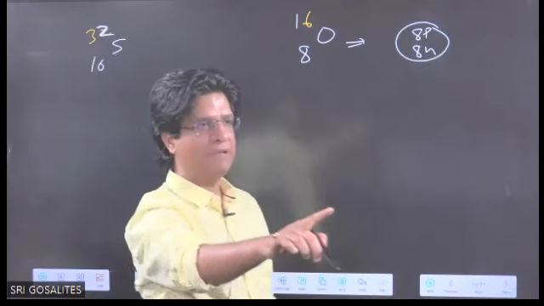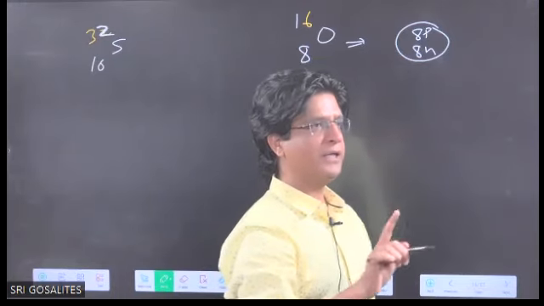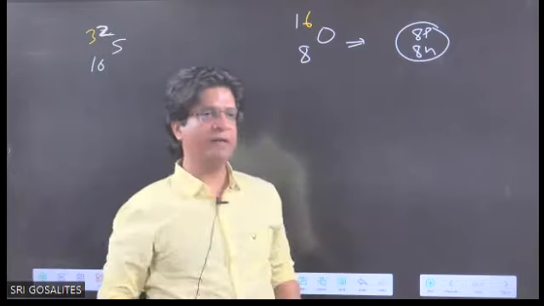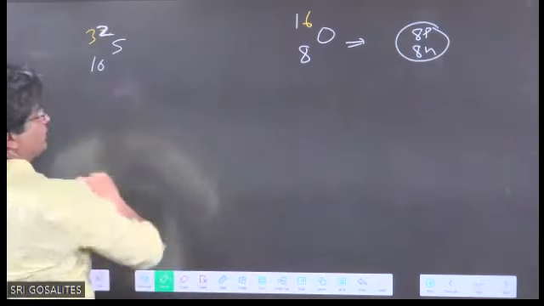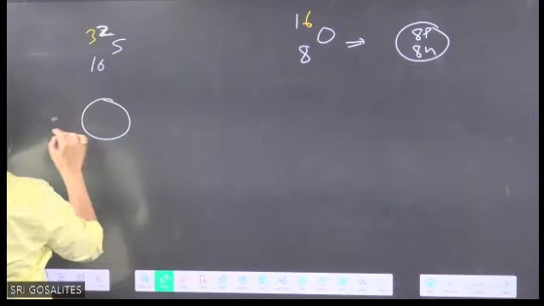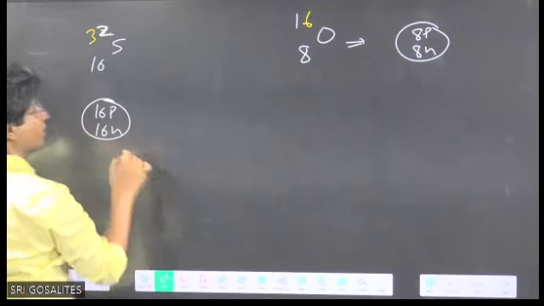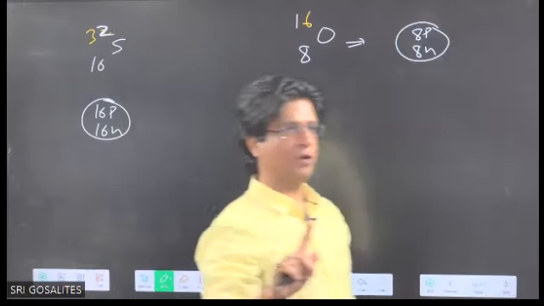Everyone agree with me or not? And if I take one atom of sulfur, in the nucleus there will be 16 protons and 16 neutrons. Everyone agreeing with me or not?